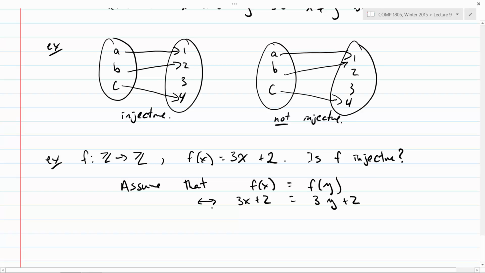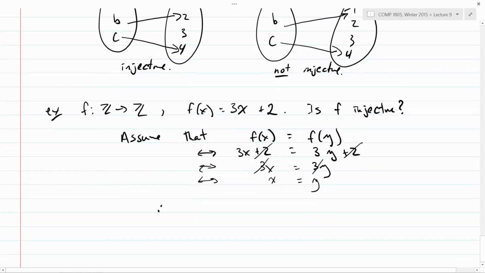I'm just subbing in the definition of the function. Okay, well, we can cancel the plus 2's on both sides to get 3x equals 3y. And we can cancel the 3's on both sides to get x equals y. So that means if I assume that f(x) equals f(y), then I know for sure that x equals y. And that's the definition of injective. So in fact, our idea was right. Therefore, f is in fact injective.